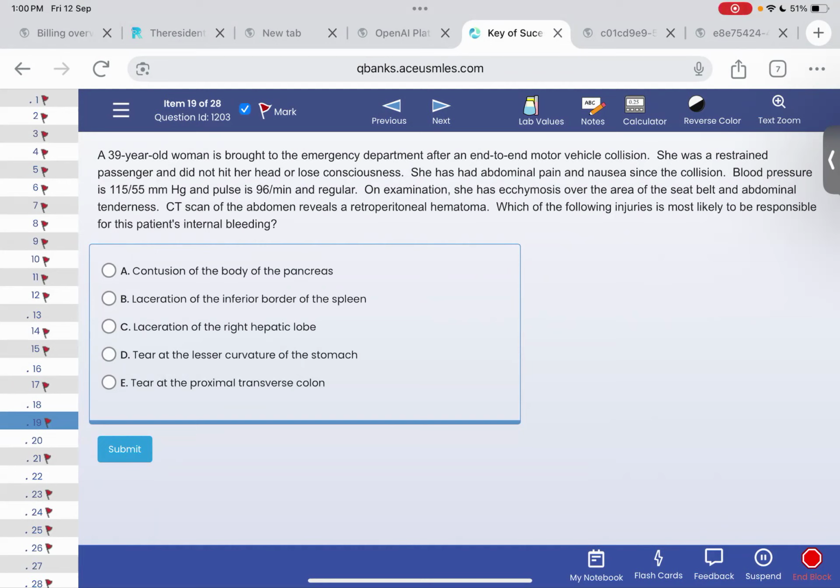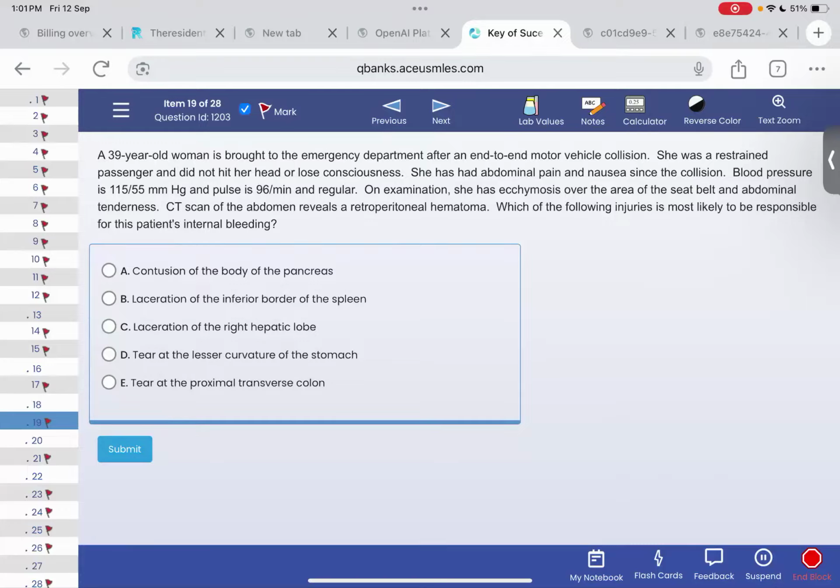Which of the following injuries is most likely to be responsible for the patient's internal bleeding? A 39-year-old woman is brought to the emergency department after a head-on motor vehicle collision.